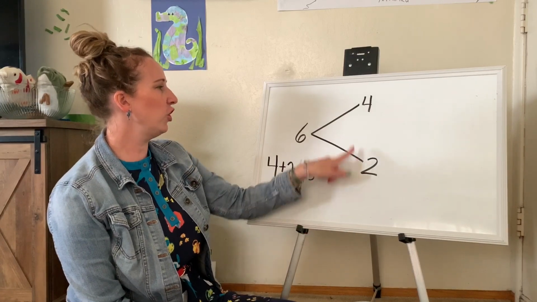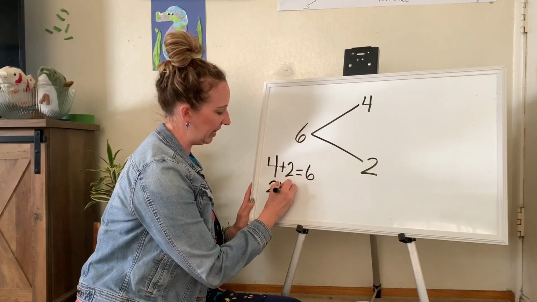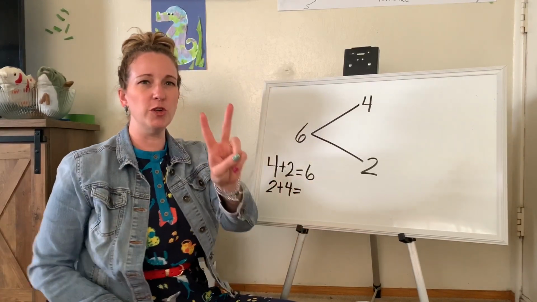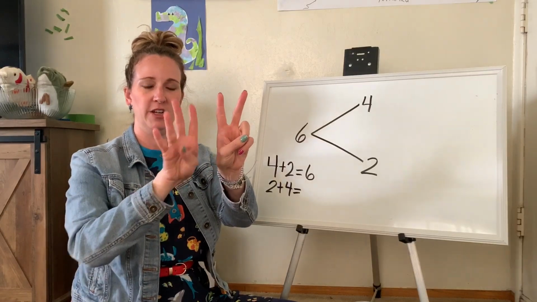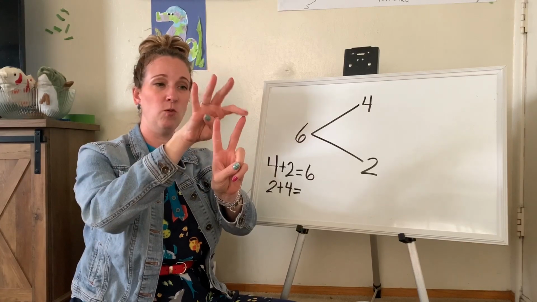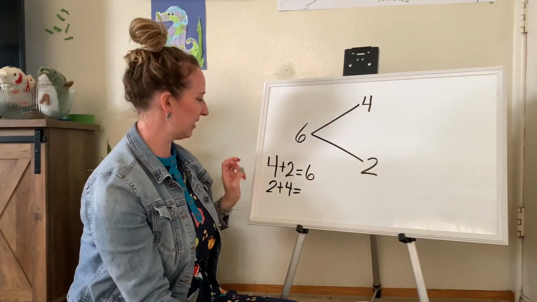What if I add 2 plus 4? Let's see, if I start with 2 and then I add 4 more, how many do I have all together? 1, 2, 3, 4, 5, 6. 6.